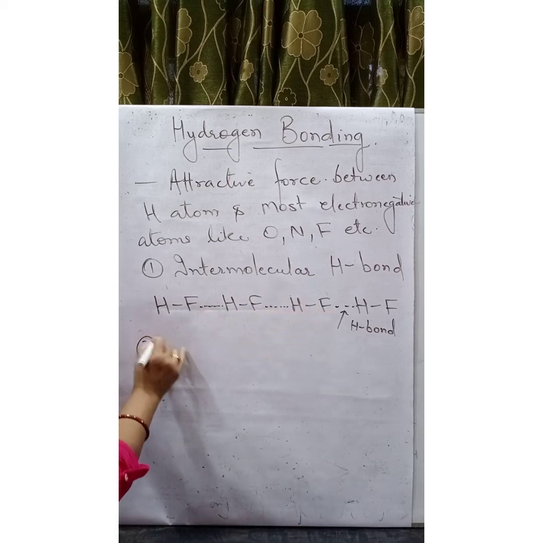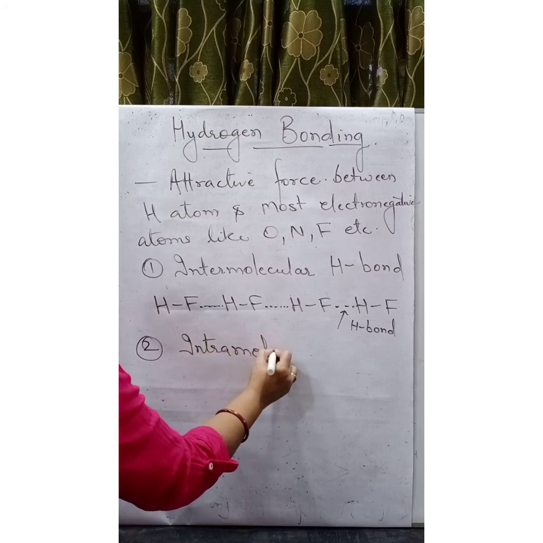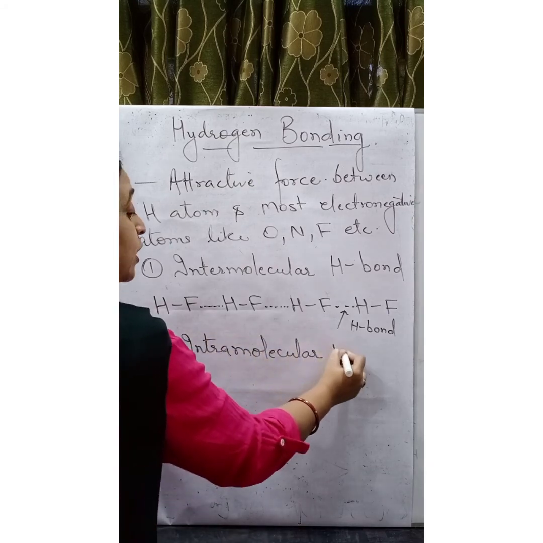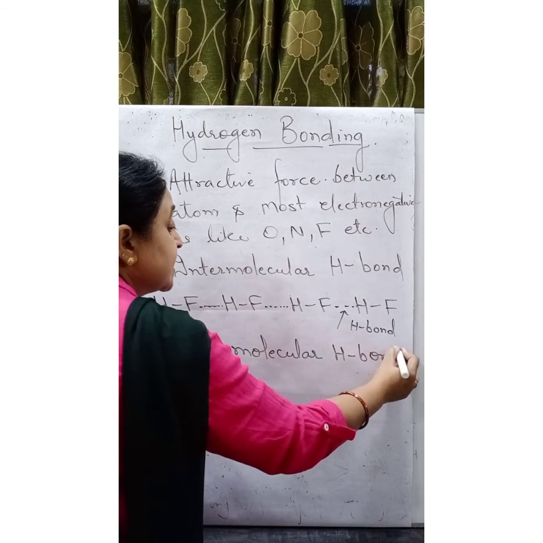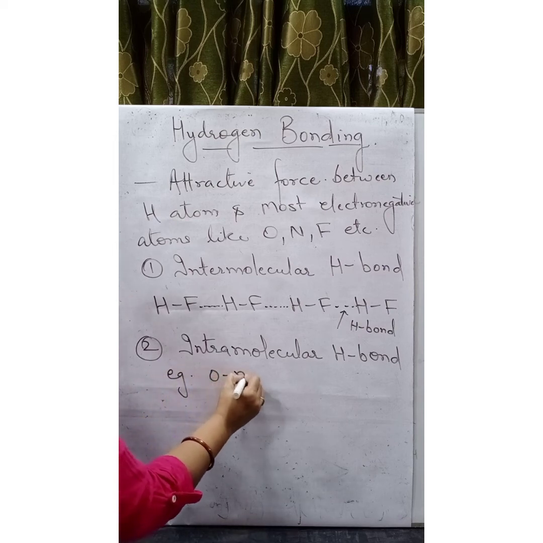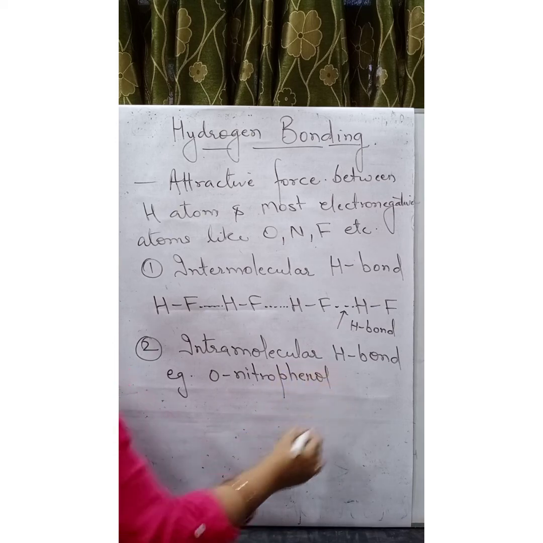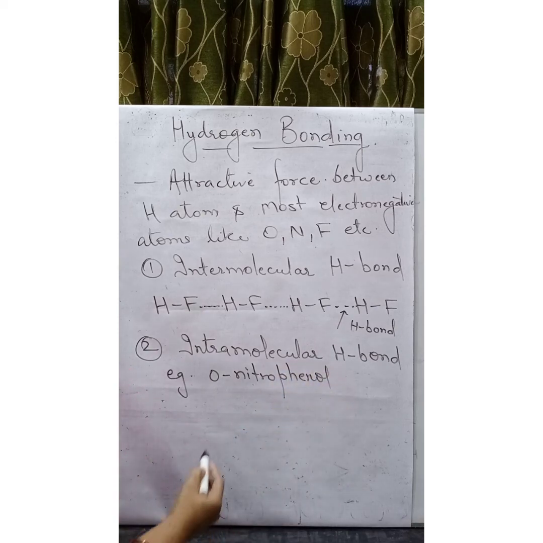The next one is intramolecular hydrogen bond, which is present within the same molecule. For example, orthonitrophenol has intramolecular hydrogen bond.